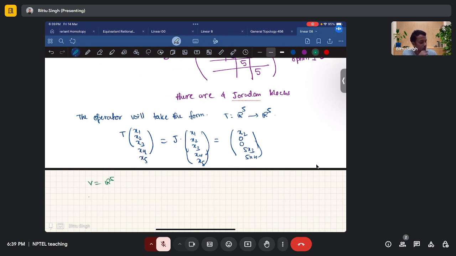Now let us see what V mod kernel of T minus 5i is. First, recall that the quotient space is given a vector space V and another W which is a subspace of V. Those are vector spaces.